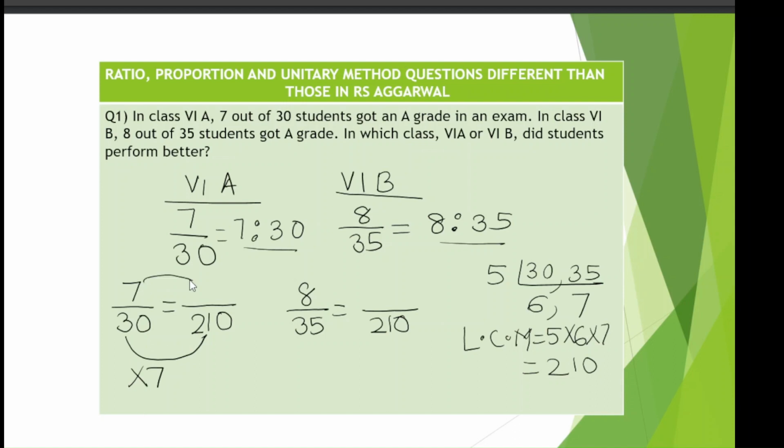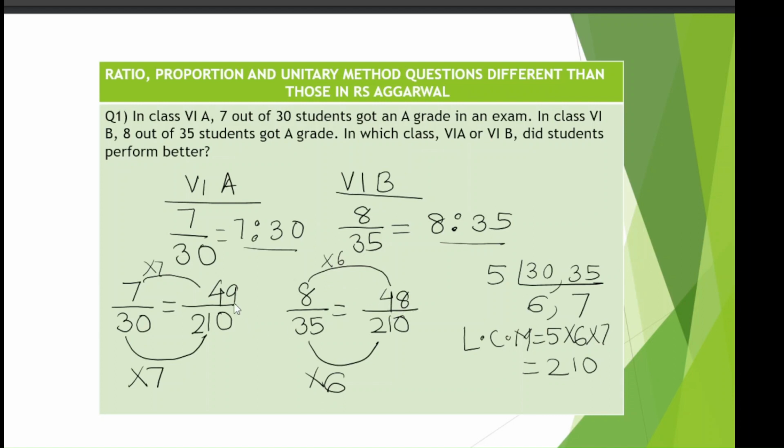So here also I need to multiply 7. 7 sevens are 49. Similarly here, 35, what should I multiply with 35 to make it 210? I need to multiply 6, right? If I multiply 6 with 35, it becomes 210. So here also I need to multiply 6. So it will become 8 6s are 48.